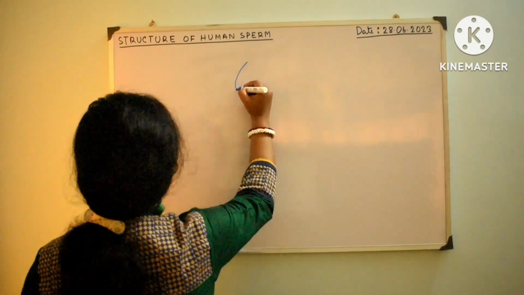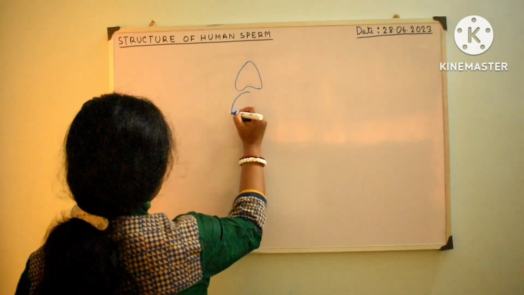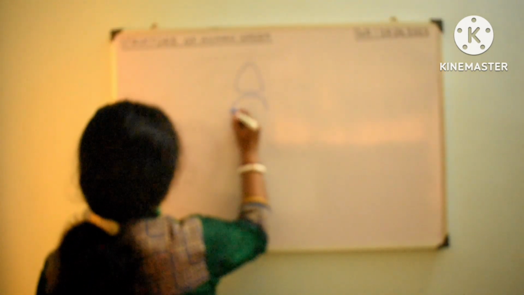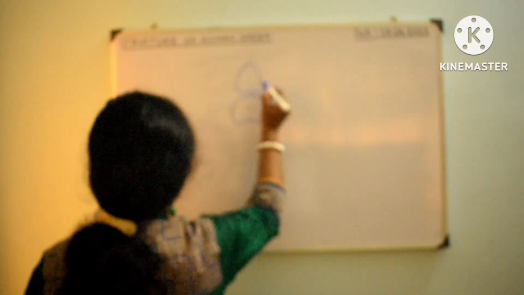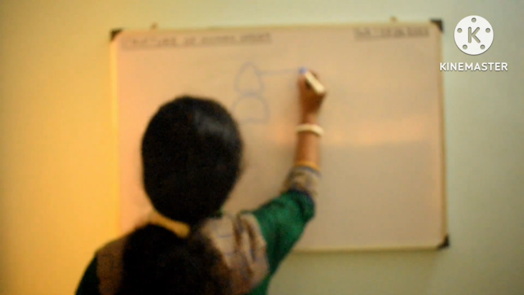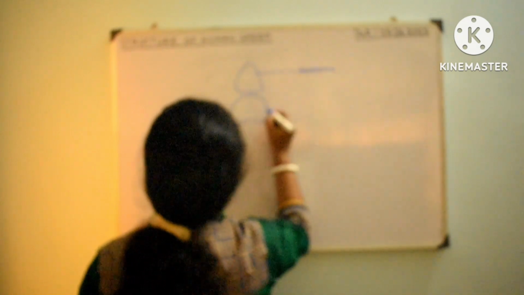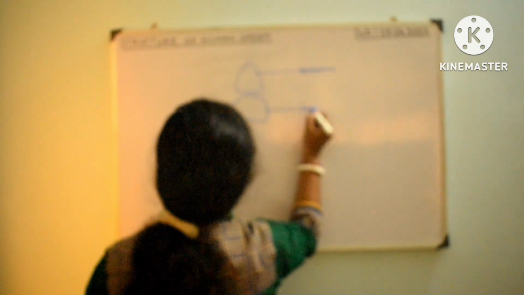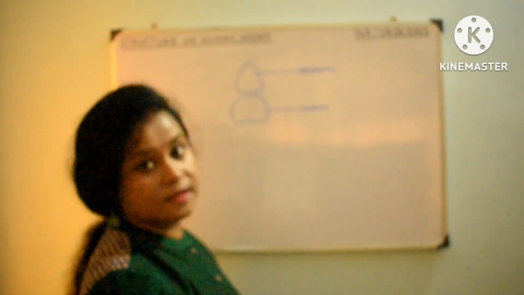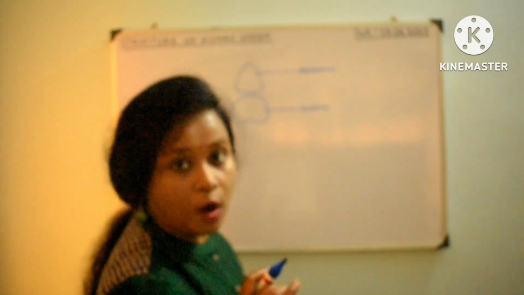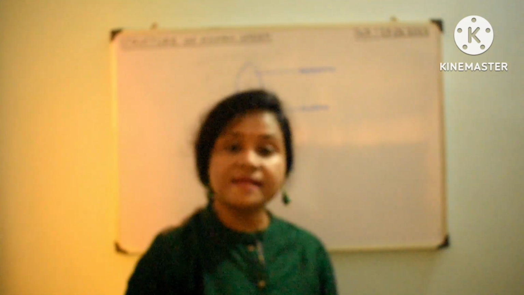Both the acrosome and nucleus constitute the head portion of a sperm. This portion is covered by the plasma membrane.